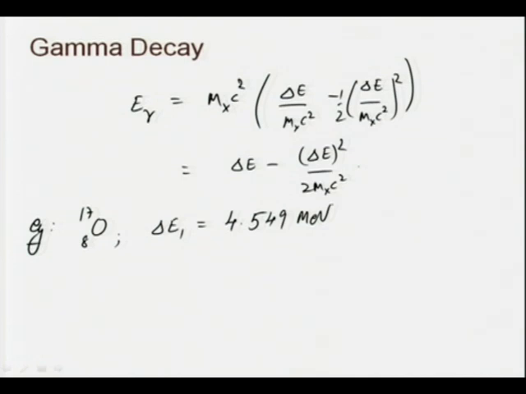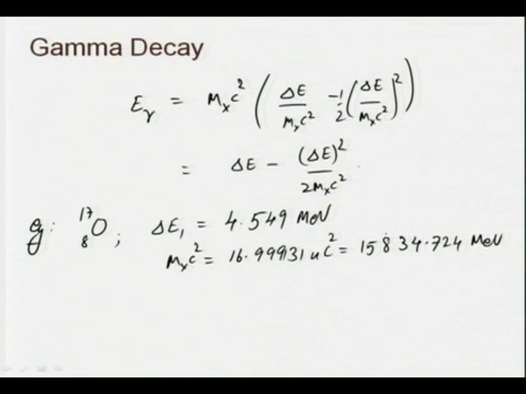That is the first excitation energy of O17, and mx is 16.999131 atomic units, which corresponds to 15834.724 MeV per c square. Okay.